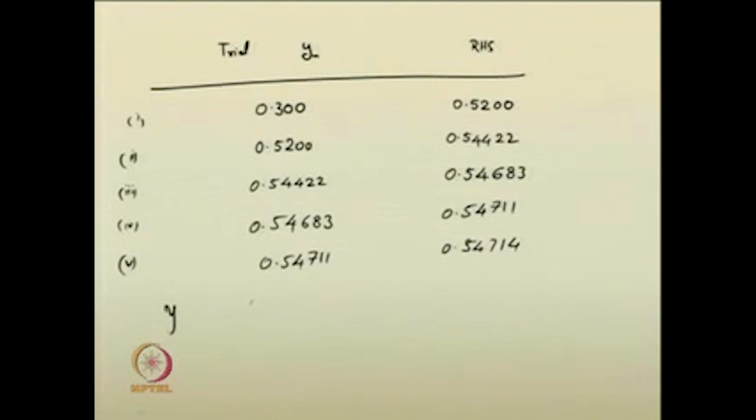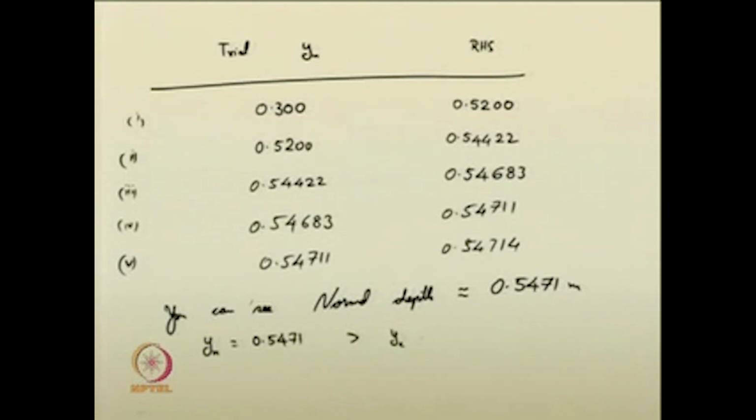You can see the normal depth is approximately equal to 0.5471 meter. So, what does this mean? Your normal depth is equal to 0.5471, greater than the critical depth, which is equal to 0.2185 meter.